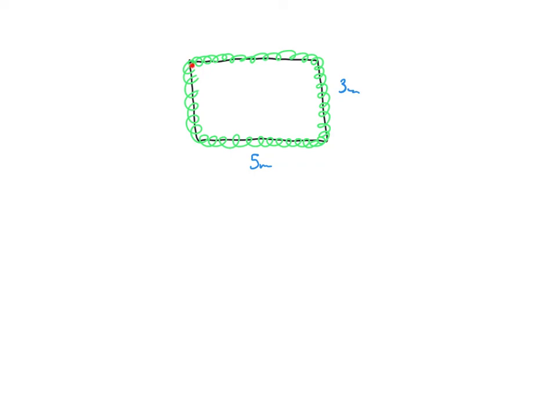So right around the garden is the perimeter of the garden. Well, if it's a rectangle, that means that's also 5 metres and that's also 3 metres. So the perimeter of the bush then, so I'll just write that as PB, will be 5 plus 3 plus 5 plus 3, which is 16 metres.